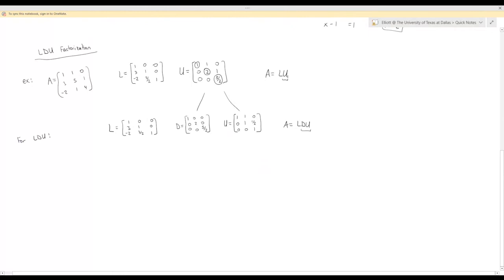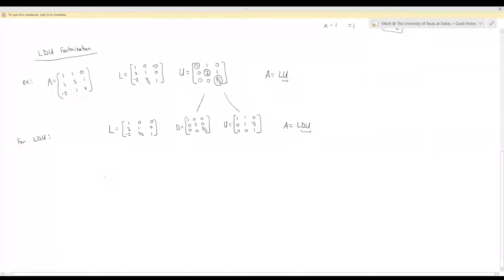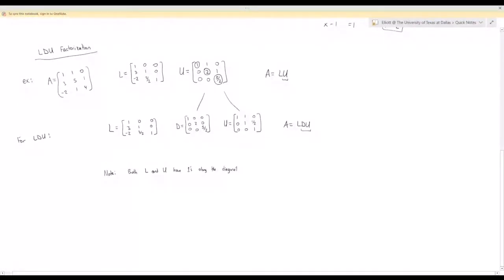Now, what's nice about the LDU factorization, there's two things which are nice about it, I guess. So one thing to notice about the LDU is that both L and U have ones along the diagonal, at least in the LDU factorization.